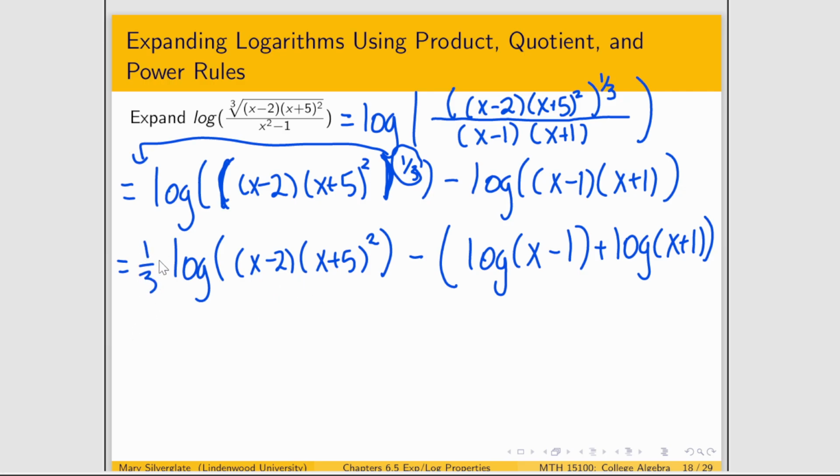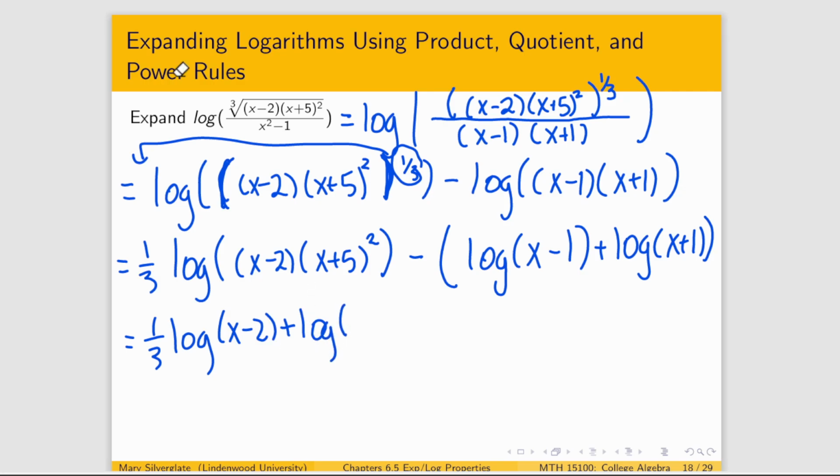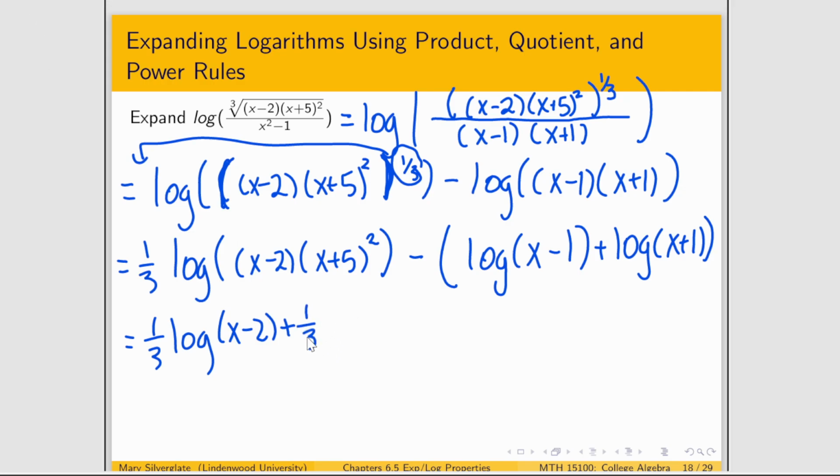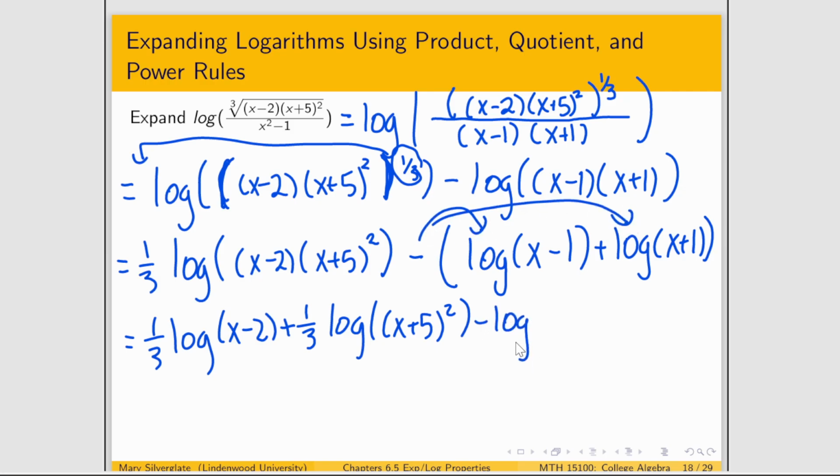And this 1/3 is a coefficient on this log now, so it's going to follow the whole time. So we have 1/3 log of x minus 2 plus 1/3, oh, I said 1/3 and then I forgot to write it, of course, 1/3 log of x plus 5 squared. And then I'm going to also distribute that subtraction to both of these terms, minus log of x minus 1 minus log of x plus 1.